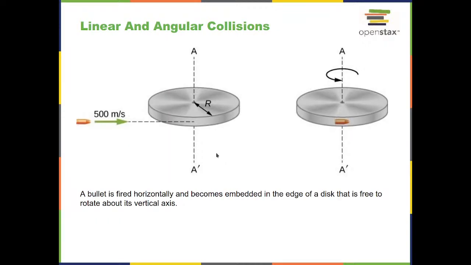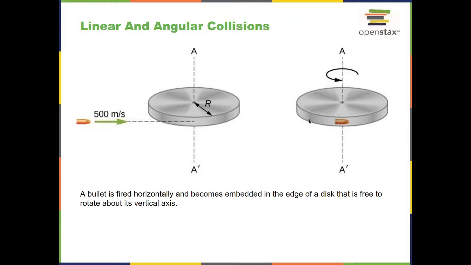So we can do other kinds of problems connecting linear and angular motion. This is a common problem, and I'll tell you in what format this will also come back. This is a bullet that is fired and gets attached to the side of this disc. It's embedded in this disc, and the disc starts at rest but starts rotating.